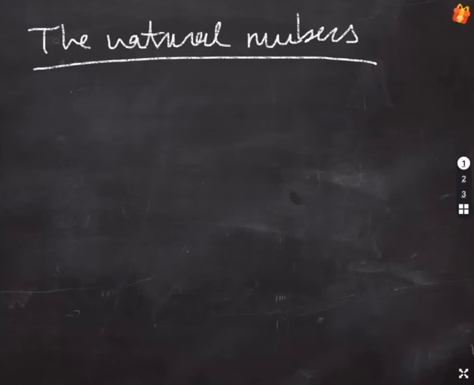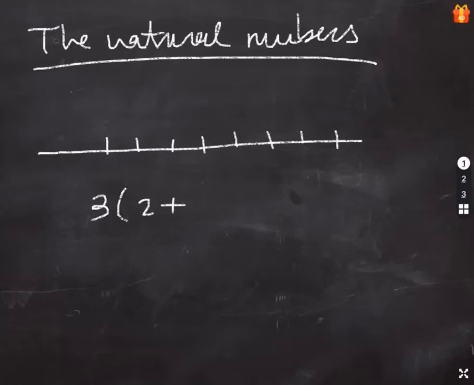So I want to start with the natural numbers. Of course, you already have, unfortunately, I might say, hardwired in your brain what the natural numbers are, right? They just live in a line and they are separated regularly. But for instance, why is it true that 3 times (2 plus 5) is equal to 6 plus 15?